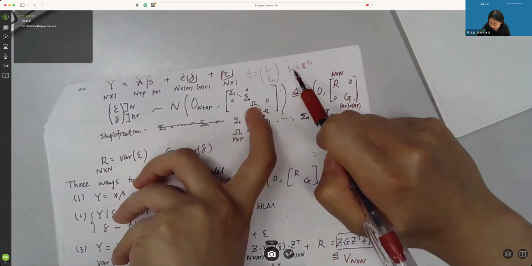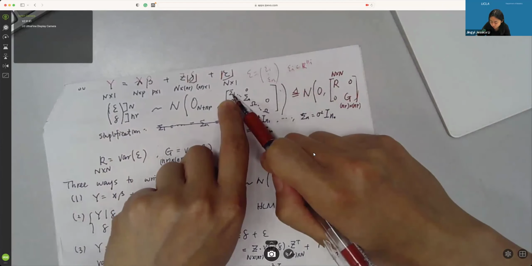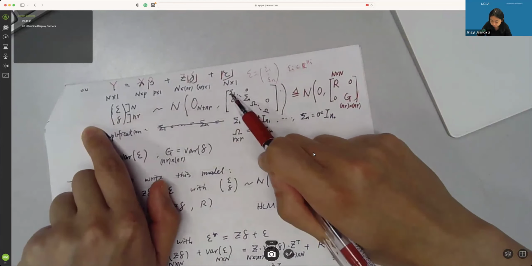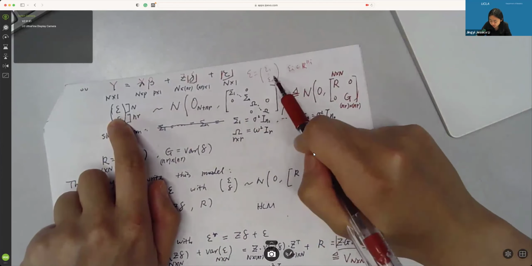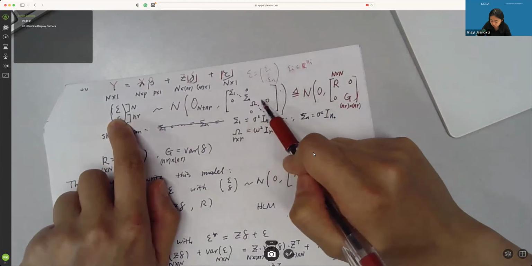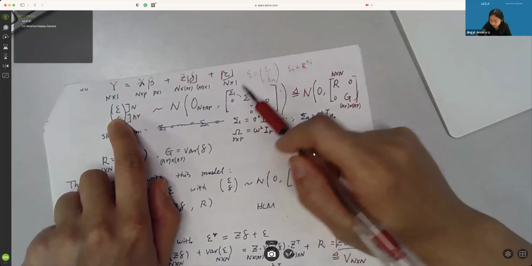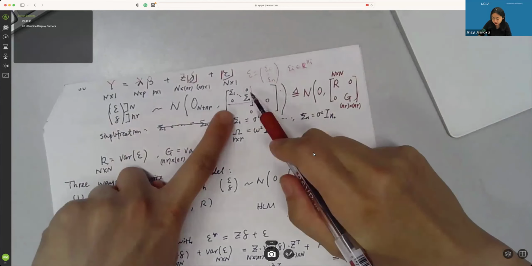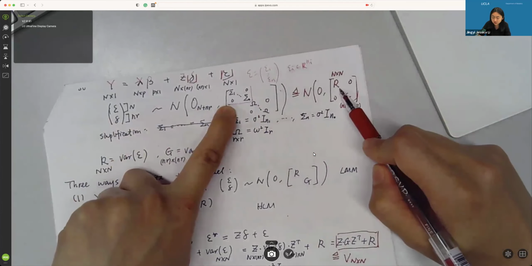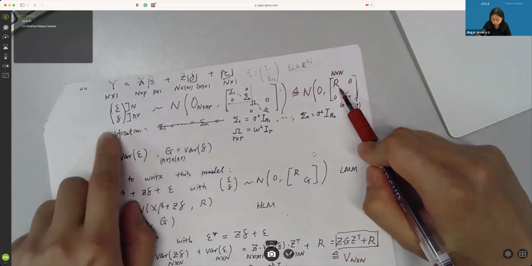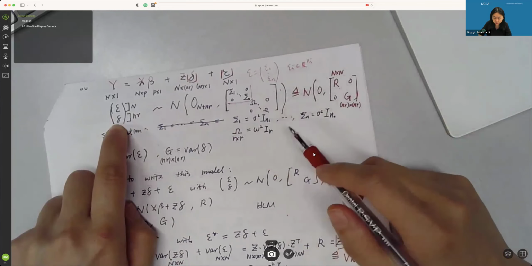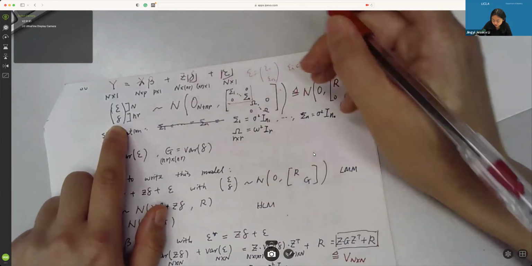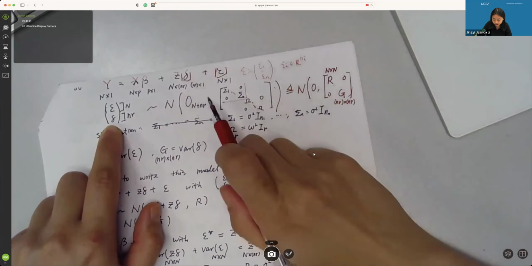Each epsilon i, if we assume it has a covariance matrix sigma i, then putting them together, they are independent among the n groups, so I have sigma 1 to sigma n. And this portion, which is big N by big N, is now denoted as R. And for this portion from delta, we said that each delta i, so again, delta is nr by 1, right?